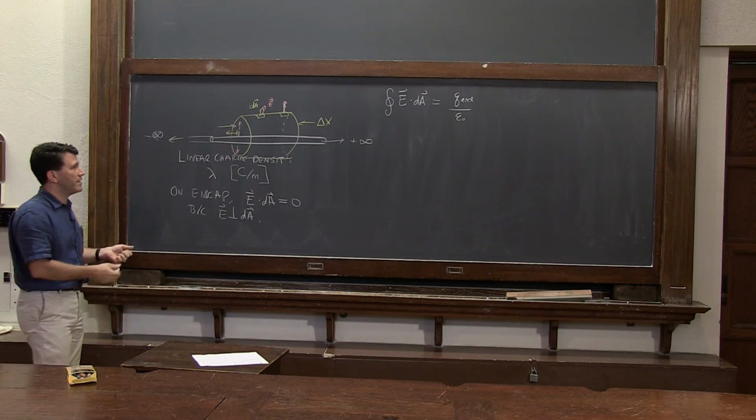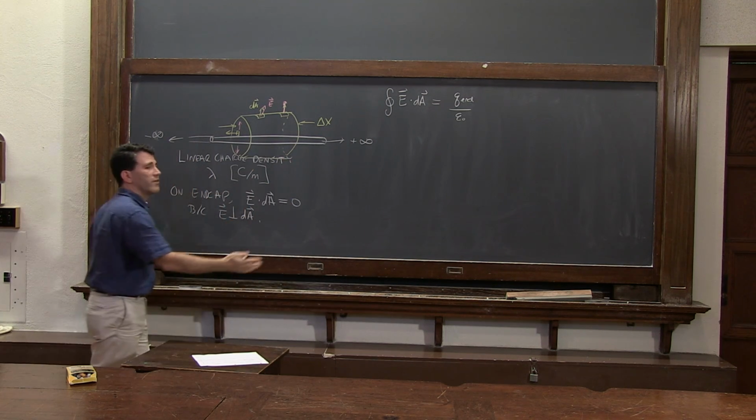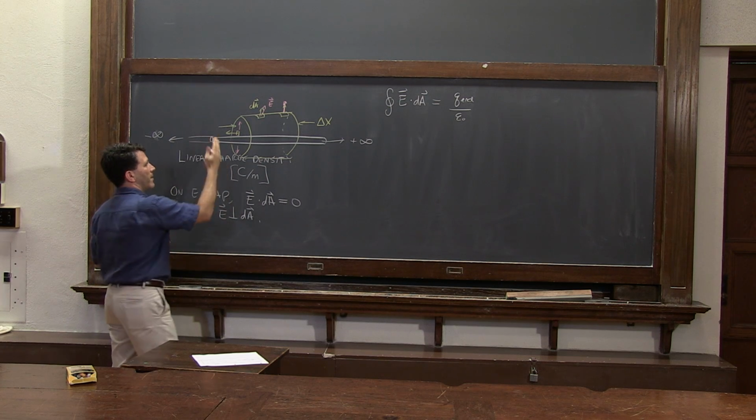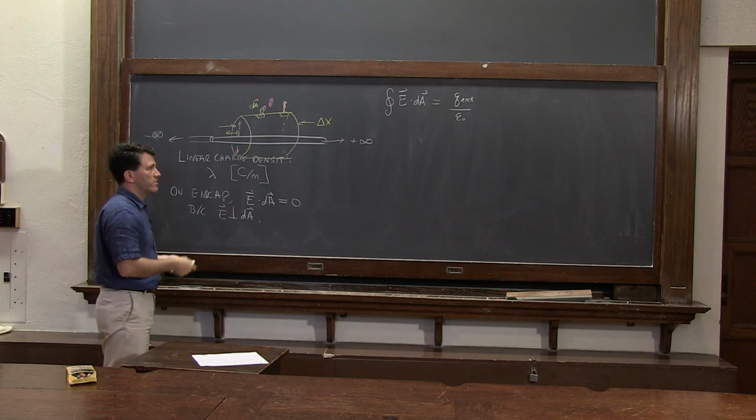So that's nice. It means we can write down our full expression for our closed surface in 3 pieces. We can worry about the left cap, the right cap, and the surrounding wall.